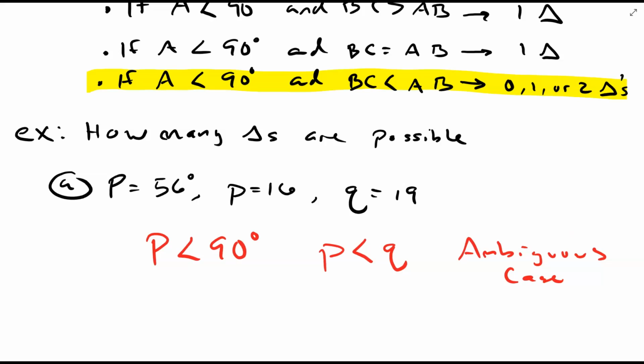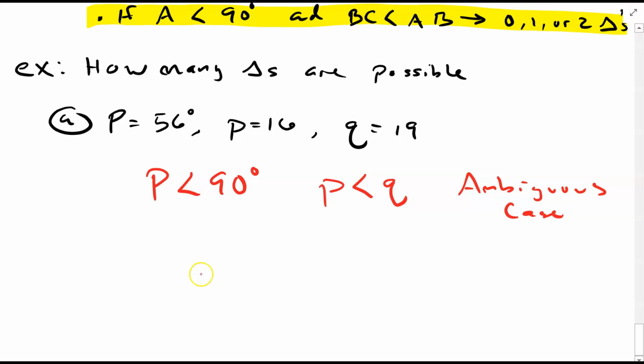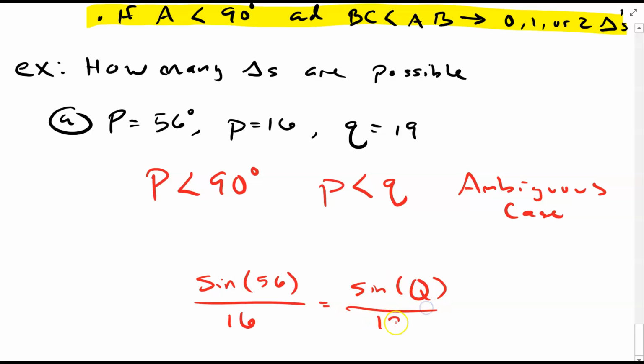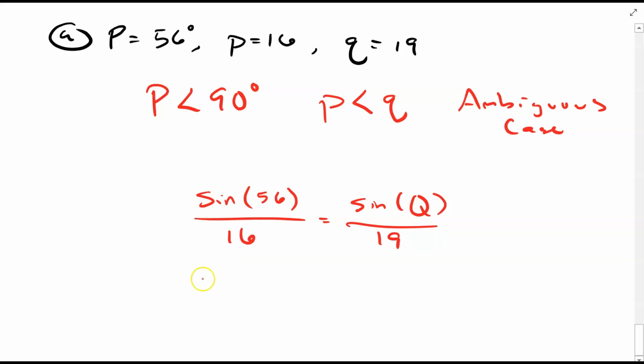The easiest way to do that is to just try to set up a law of sines and see what happens. So using the law of sines, I can say sine of 56 over 16 is equal to sine of Q over 19. So I'm going to cross multiply here.